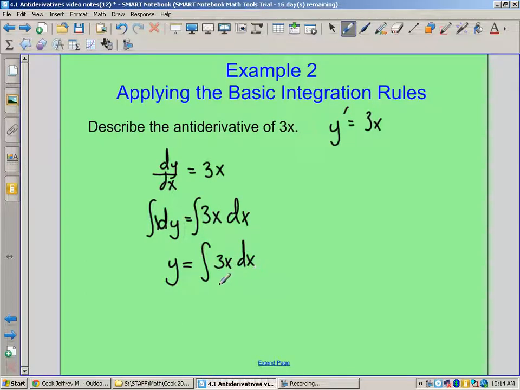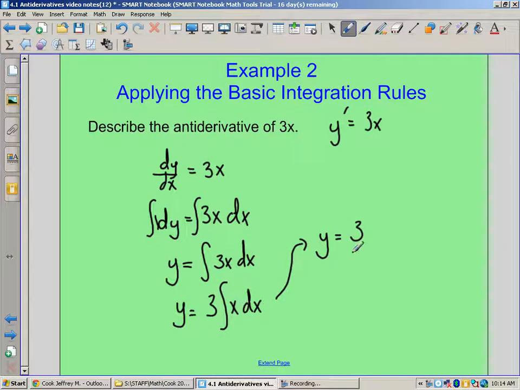So now if I do the antiderivative of 3x dx, well, knowing that 3 is a constant, I could move it outside and do the antiderivative of x, which might be a little bit easier. And so I would end up with y equaling 3 times the antiderivative of x.